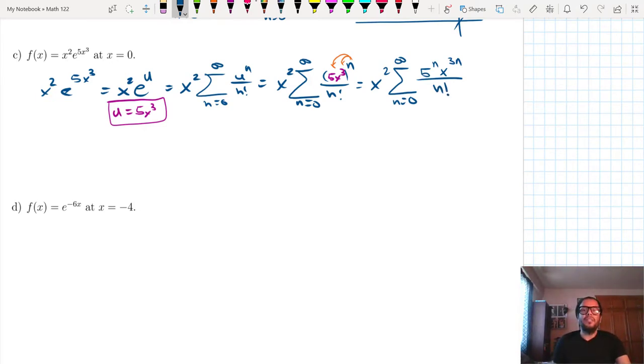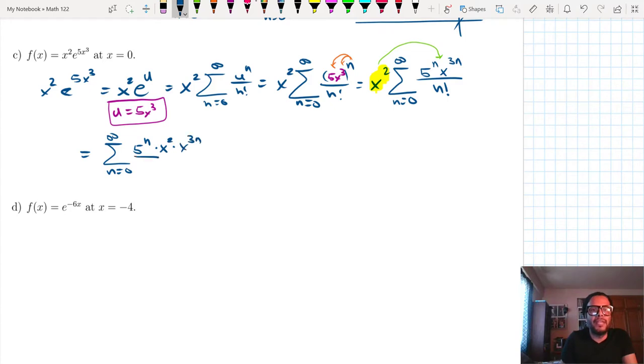Okay, because this series deals with x's, this is what I'm going to do. I'm going to put this x squared inside of the series. This will be sigma n equals 0 to infinity 5 to the n times x squared times x to the 3n divided by n factorial.